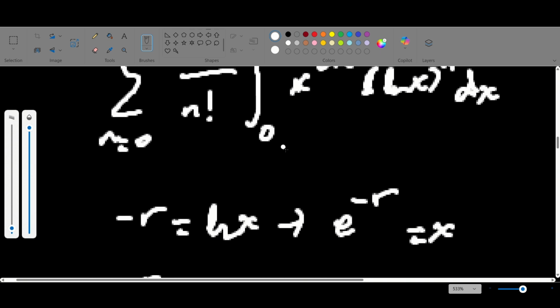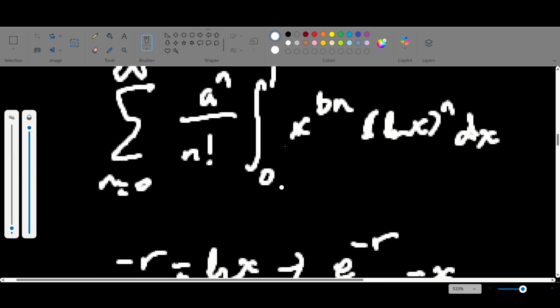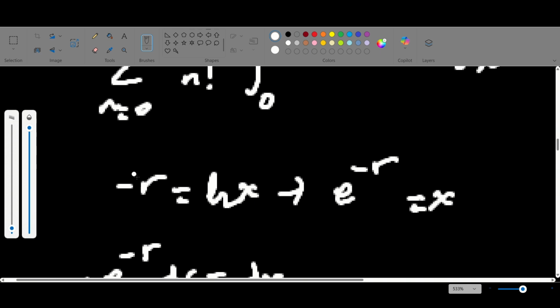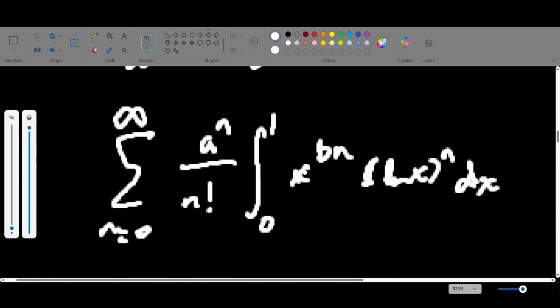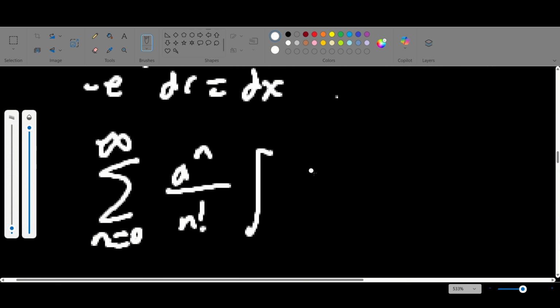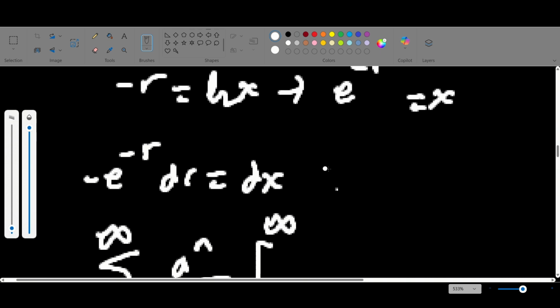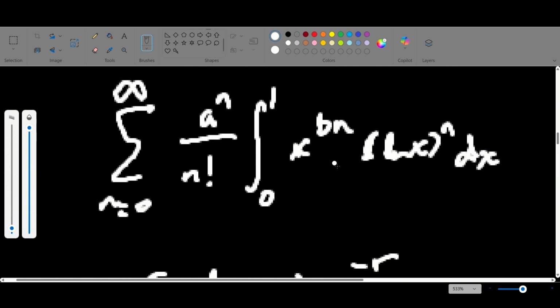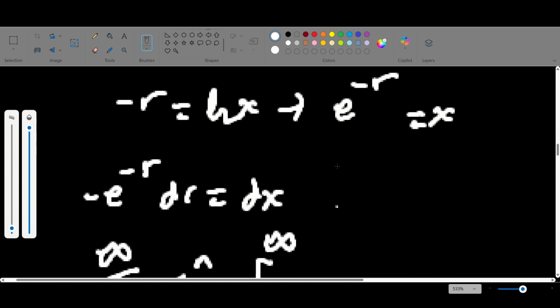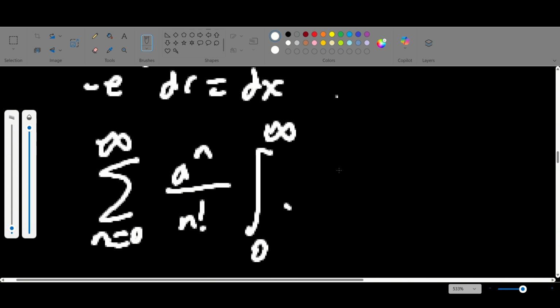the natural log, by limit definitions, the natural log of 0 is infinity, the natural log of 1 is 0. But we'll just take this negative and use that to flip the limits of integration around. So we'll come up with x is equal to e to the negative r, so we'll have e to the power of negative r and b.